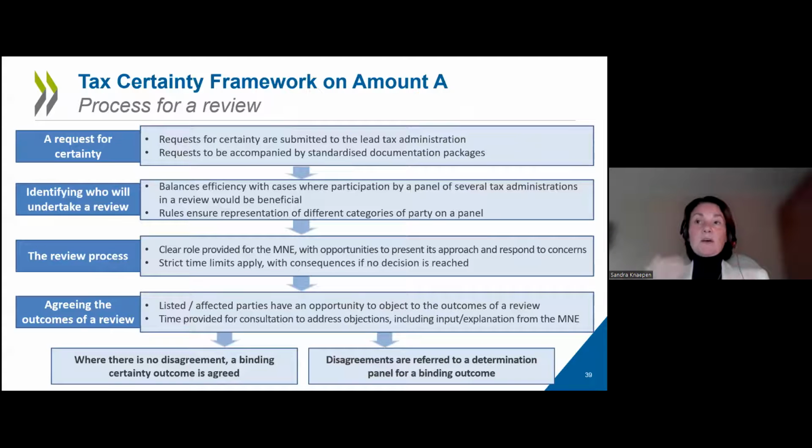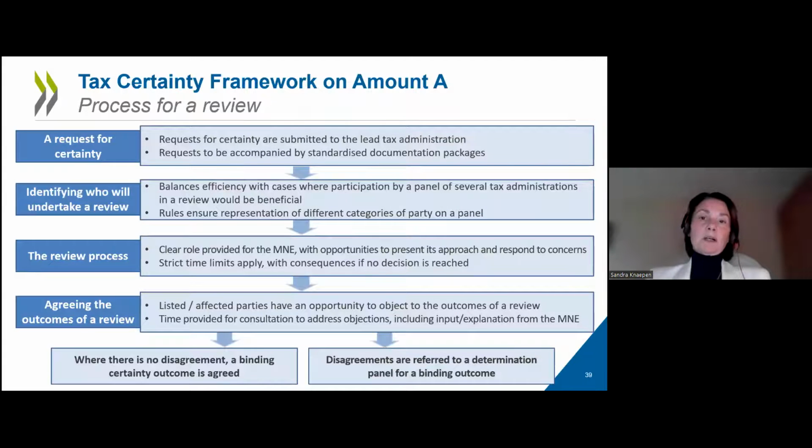If in the end all objections are withdrawn or there are no objections, then you have a binding outcome for the M&E. If there are still objections, so if there is disagreement, the situations that are in disagreement will be referred to the determination panel for a binding outcome.